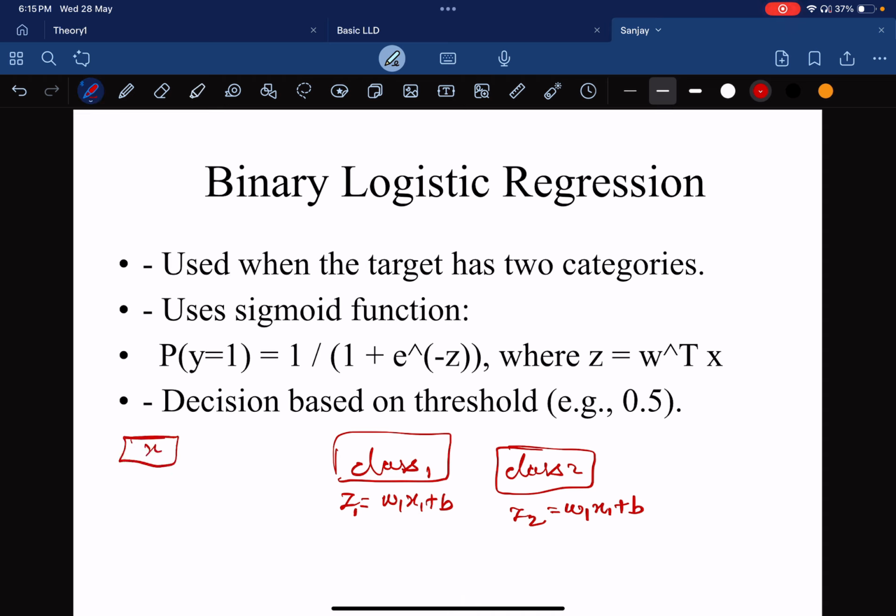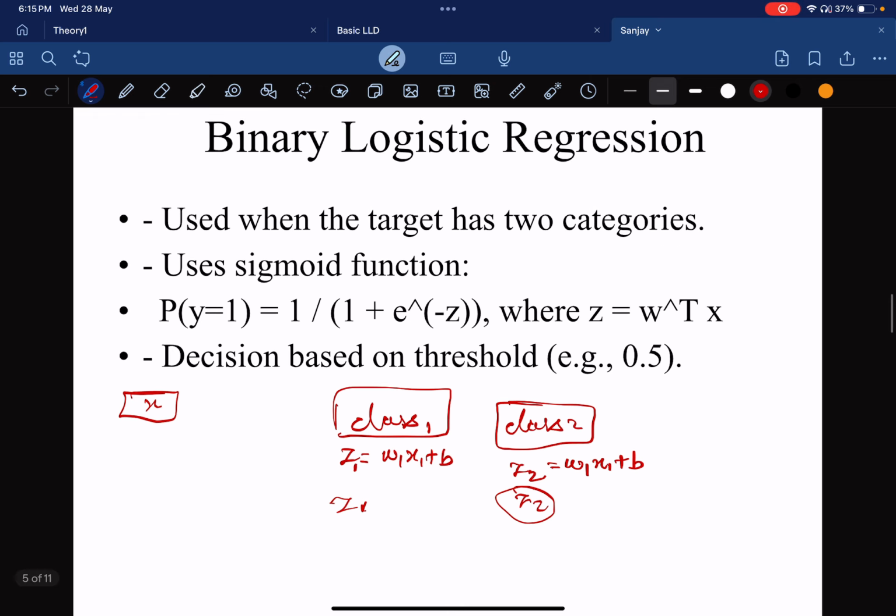When an input x comes, it will first find the value of z. Upon substituting x1, w1 and b, it will return some value as z1, and class 2 will return z2. We put this continuous value into a sigmoid function. The sigmoid function always returns a value in the range of 0 to 1, which is nothing but the probability of the data belonging to that class.